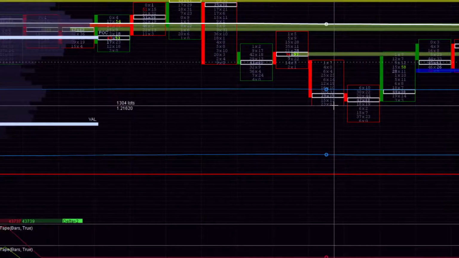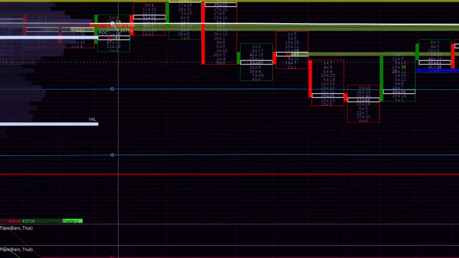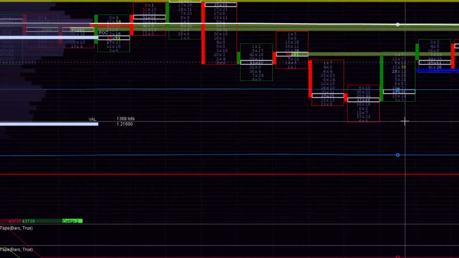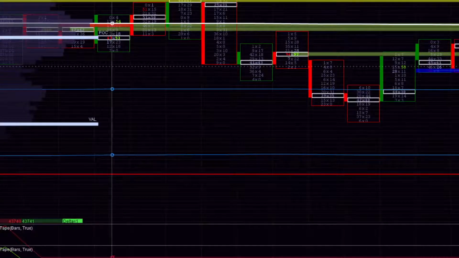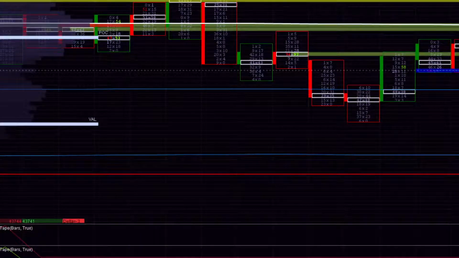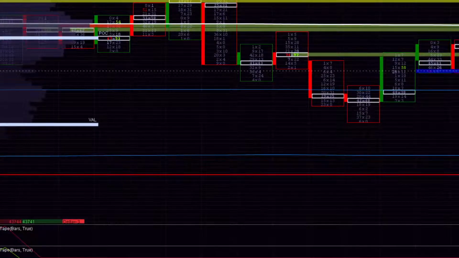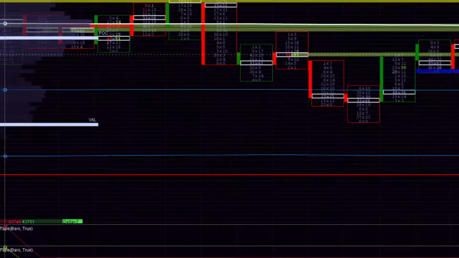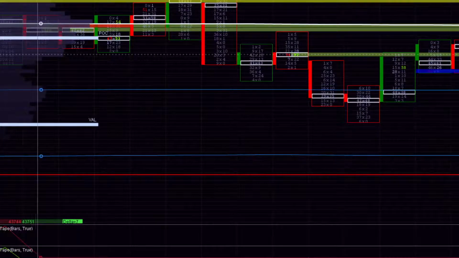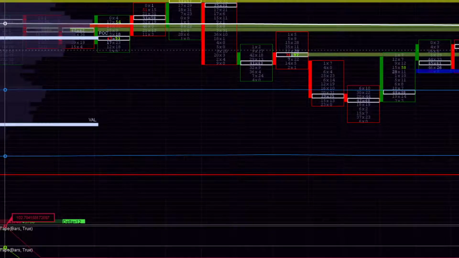I don't know if you can see that on the screen because I think it's a little bit big. Let me see. Wait a second. Let me try to fix this chart. I don't know if you guys can see the speed of the tape indicator I'm pointing out right now.